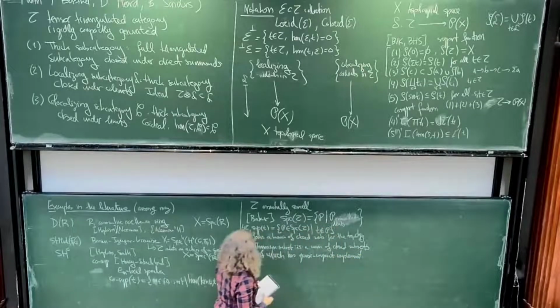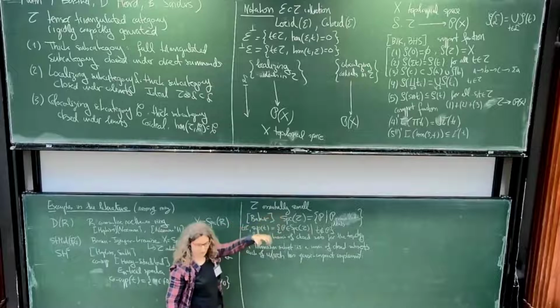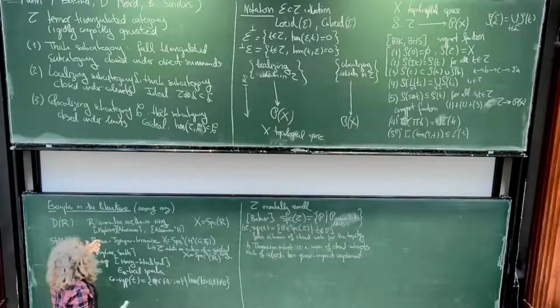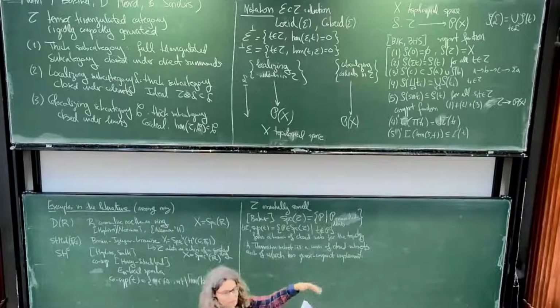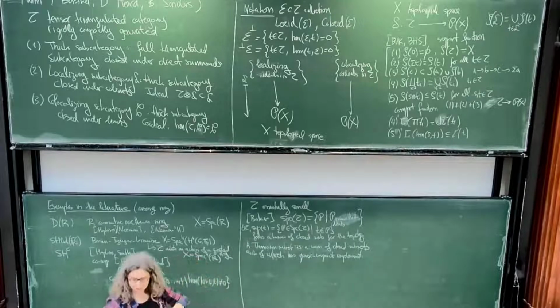And then this topological space is just built from the category itself. It's not something that you look up somewhere; it's built using the structure of the category itself.